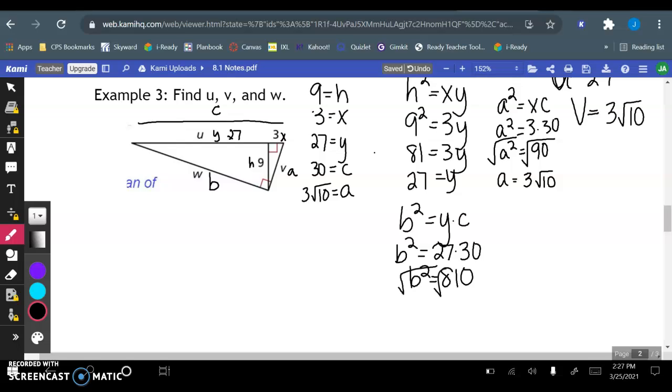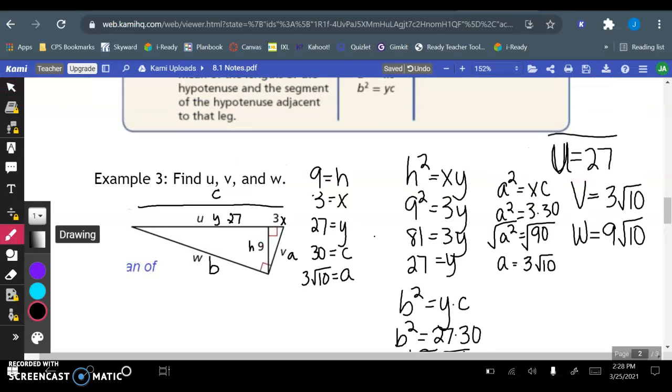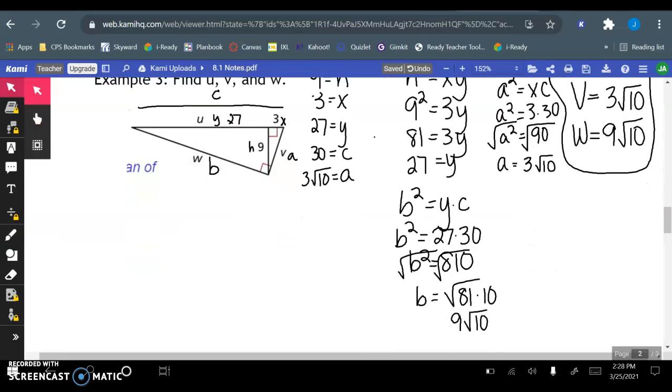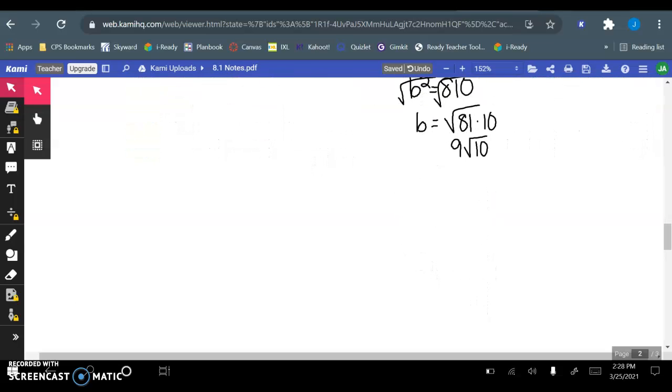So we'd have to take the square root of both sides. So b equals the square root of 81 times 10. The square root of 81 is 9, and then we have that 10 left over. And b is actually our w. So w equals 9 square roots of 10. So these problems are going to take you a few minutes to go through and figure everything out. But it starts to come together as you find a couple of the numbers.